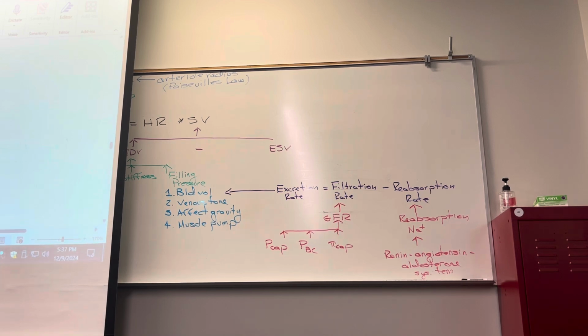We're going to talk about the renin-angiotensin-aldosterone system, and the cells within the kidney that act as renal baroreceptors, pressure sensors. Remember, baroreceptors are located in the carotid artery and the aortic arch. We also have baroreceptors located within the kidney themselves.